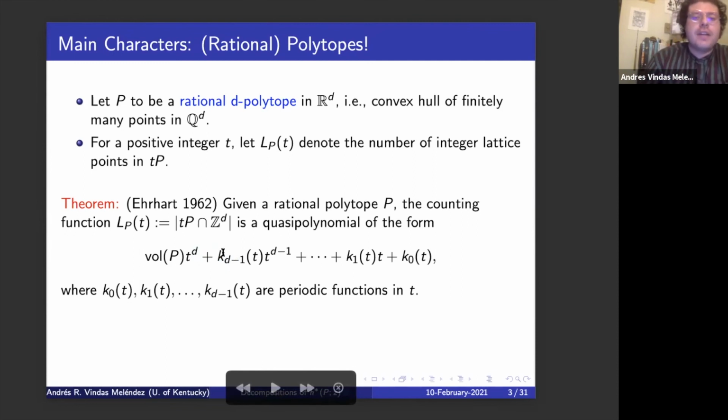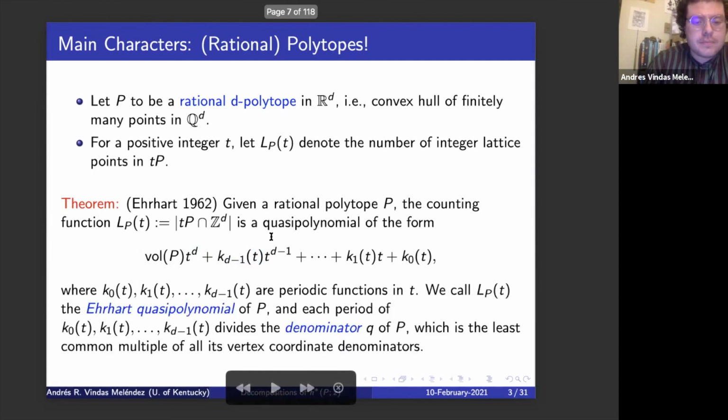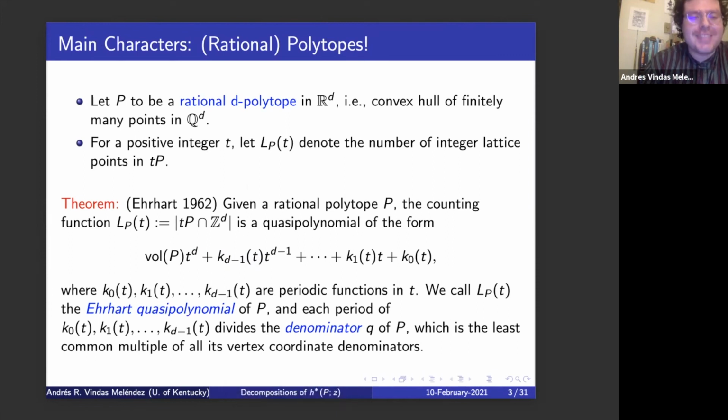Where now we don't have coefficients, but we have these periodic functions. And so we call this the Ehrhart quasi-polynomial. And each period divides the denominator Q of P. And so I'm defining the denominator to be the least common multiple of all vertex coordinate denominators. So this is a mouthful, but I'll give you examples in just a little bit.